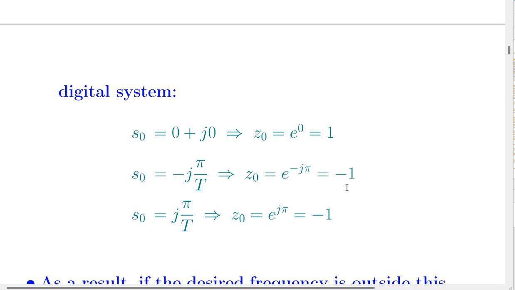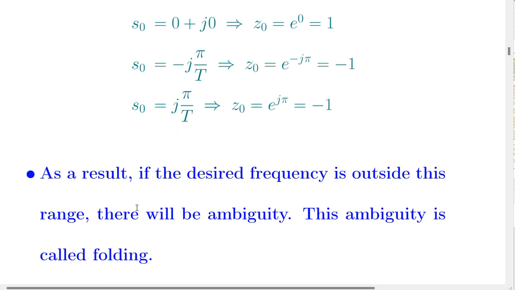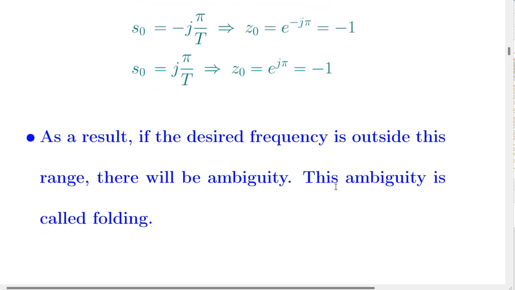So the frequency response has reached its end in the digital environment. Now, s0 being equal to j times pi over Ts, you'll have z0 being equal to minus 1 again. Rotation from the lower part of the unit circle, upper part. Okay? Now, as a result, if the desired frequency is outside this range, there will be ambiguity. This ambiguity is called folding.